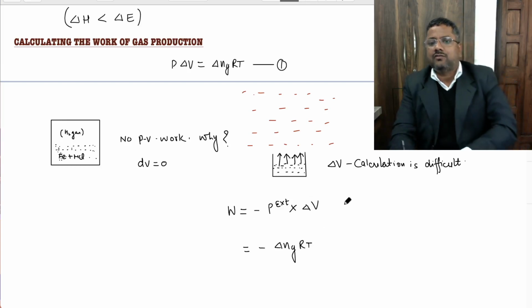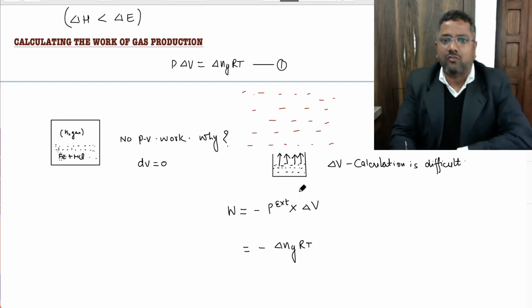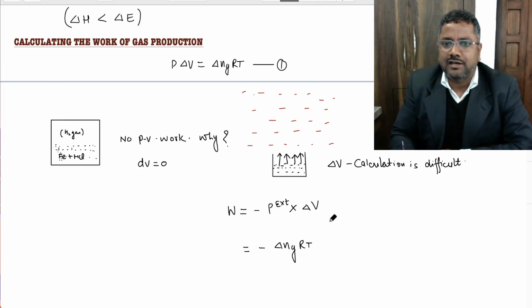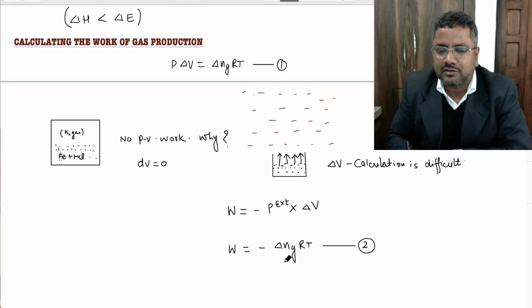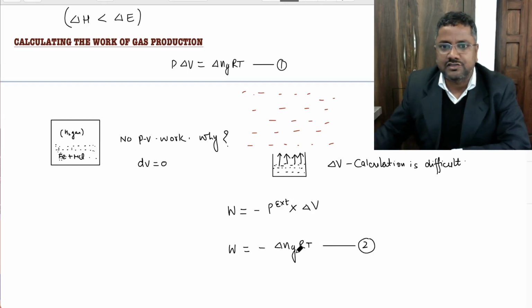So we can calculate the expansion work by using this equation, delta NgRT, right? So this is equation 2. By using this equation you can calculate, and extra care should be taken in the calculation of delta Ng.